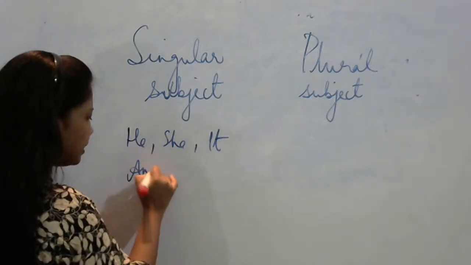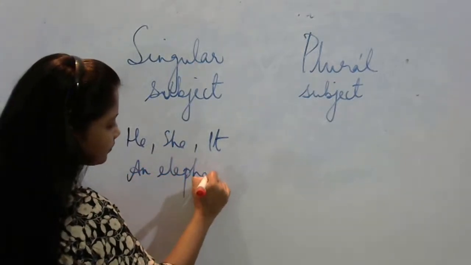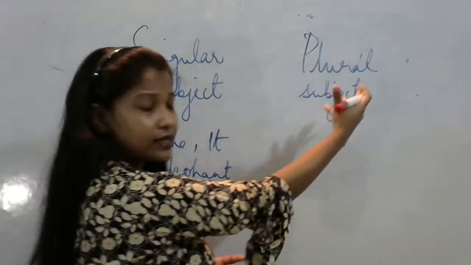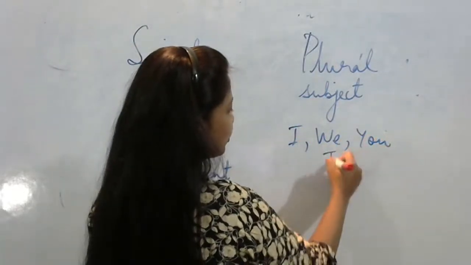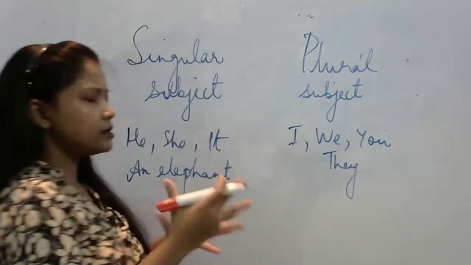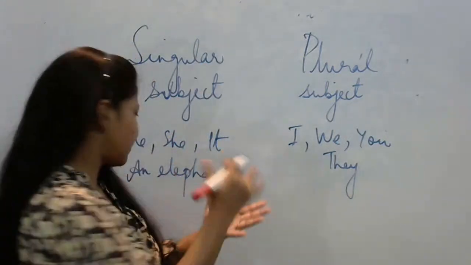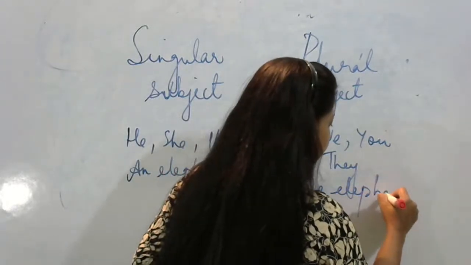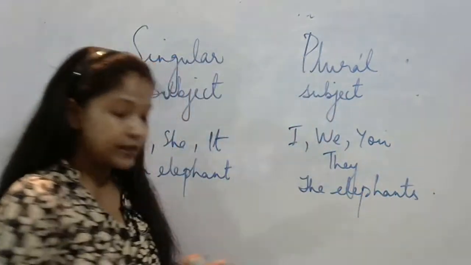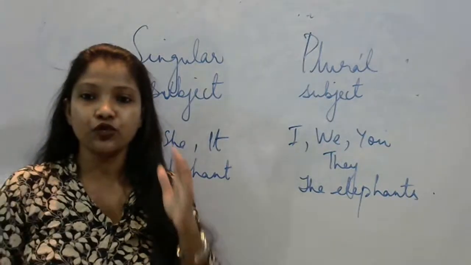Let's take an example, an elephant. Plural subject है, I, we, you, they, and let's say plural subject किसी का नाम, or let's take the same example, the elephants. See, look at the thing that will help you to make it clear.